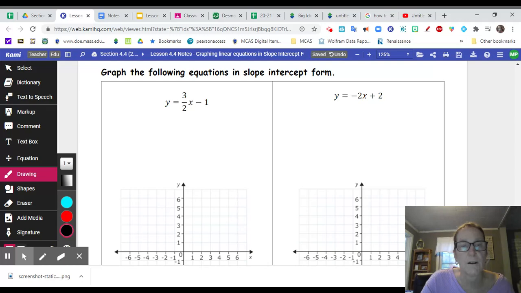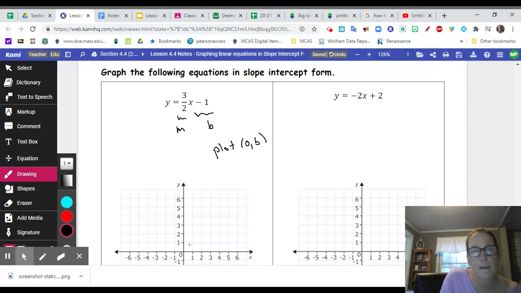So here is our equation. y equals 3/2 x minus 1. It's in slope-intercept form. There's our slope. -1 is our y-intercept. So I plot 0, -1.